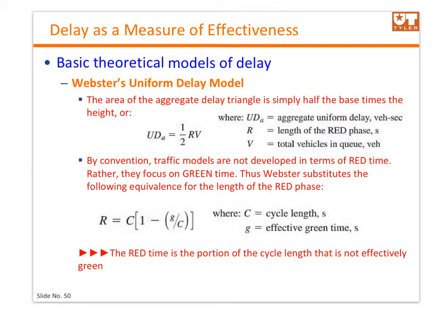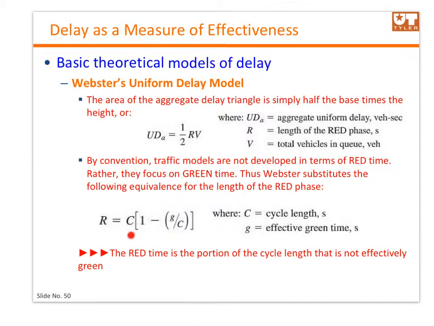By convention, traffic models are not developed in terms of red time; rather, they focus on green time. Therefore, Webster substituted the following equivalence for the length of the red phase. R, the red phase, can be defined as C, the cycle length, times 1 minus G over C, where G is the effective green time and C is the cycle length.